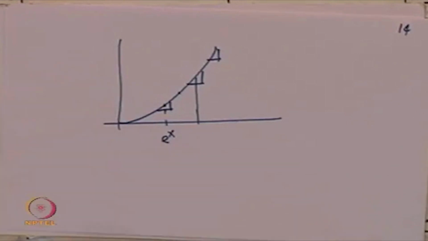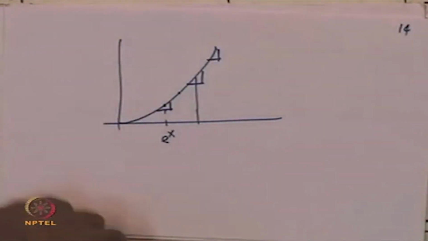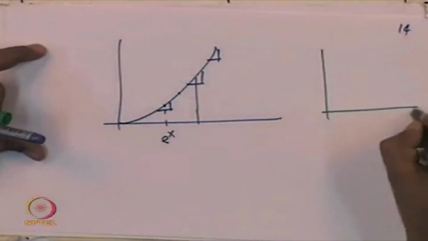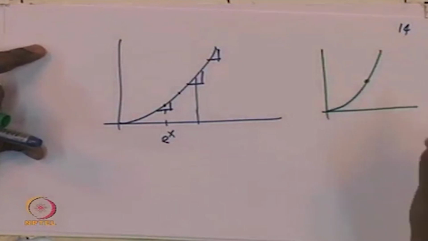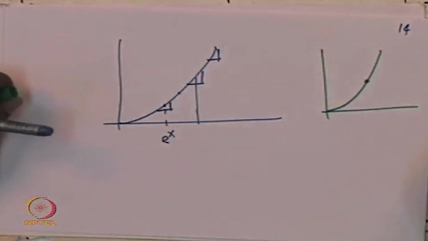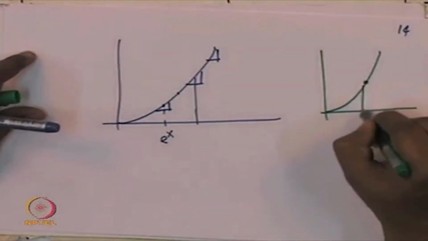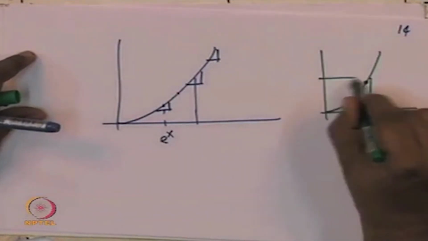You can also try this: draw an exponential curve and calculate the slope at different points. Take a graph sheet, draw e power x yourself, go to a point and calculate the slope there, calculate dy by dx.